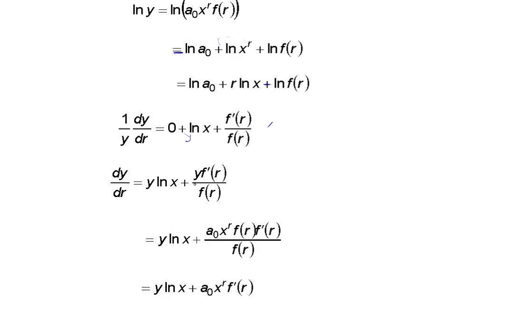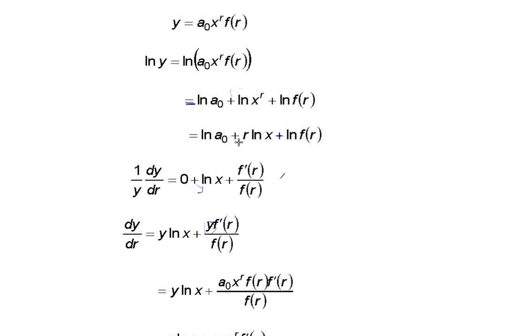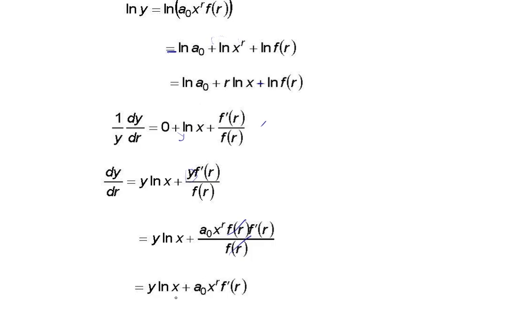Then we substitute y, which is a naught x^r f(r), so we can cancel f(r), and we get y log x plus a naught x^r f prime r. Okay, so this is our dy/dr.